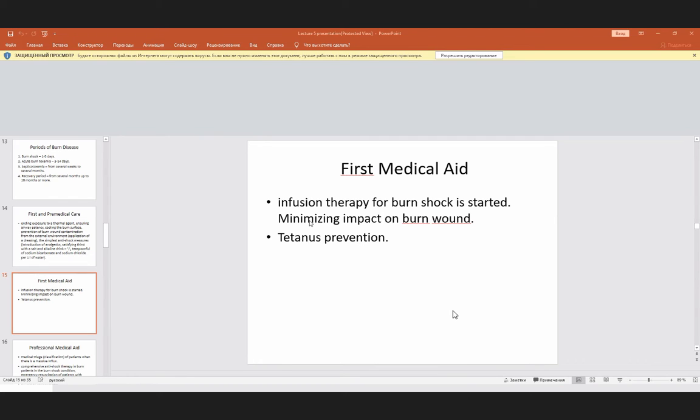For example, a burn of 20% requires 2 liters of liquid. There are many regimens for burn shock treatment. An approximate regimen in relation to shock severity is presented in the chart.